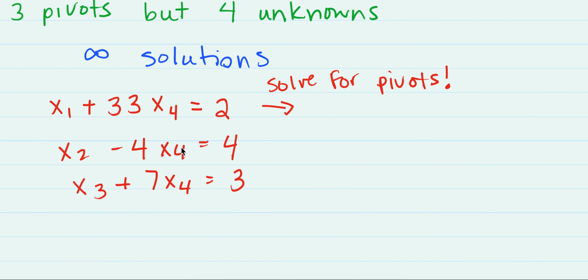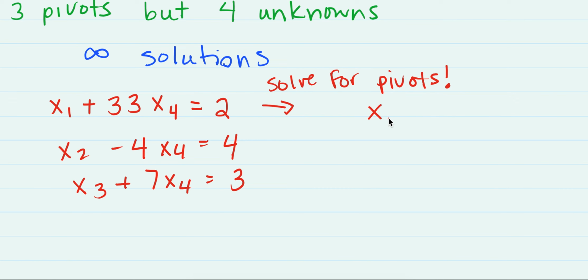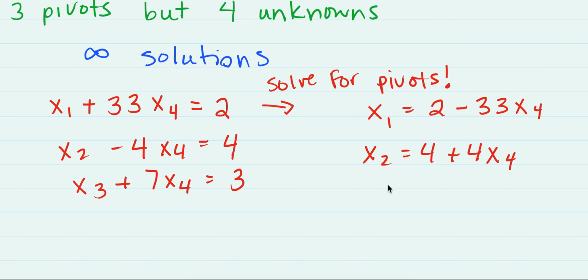If I do that, I get that x1 is 2 minus 33x4. x2 is 4 plus 4x4. And x3 is 3 minus 7x4. And this is our set of solutions.